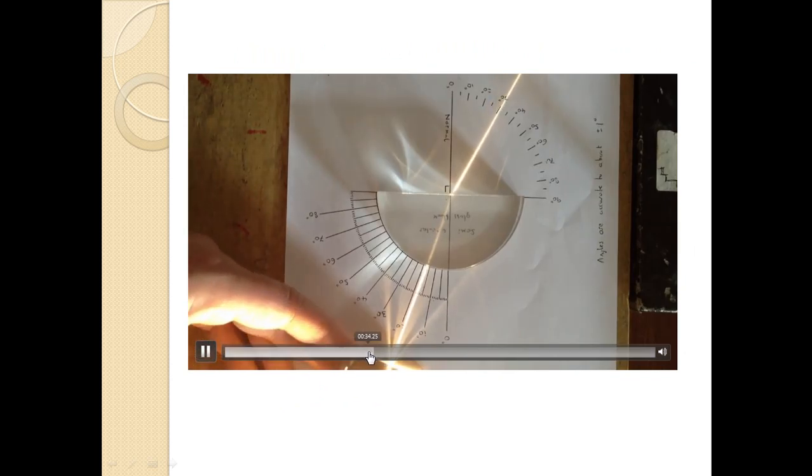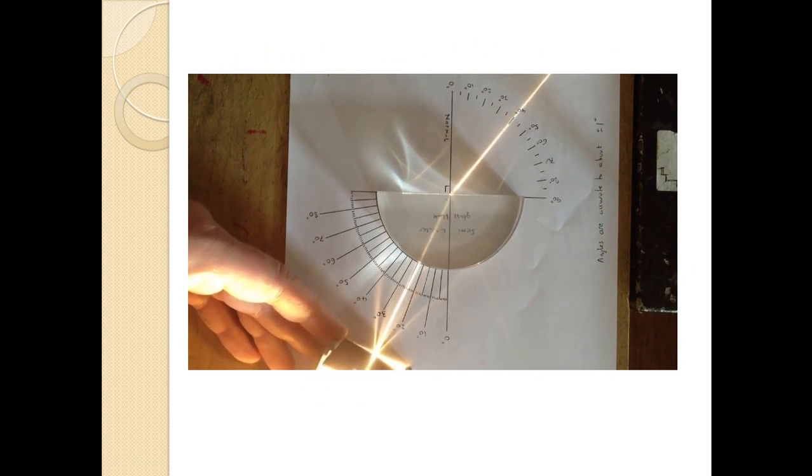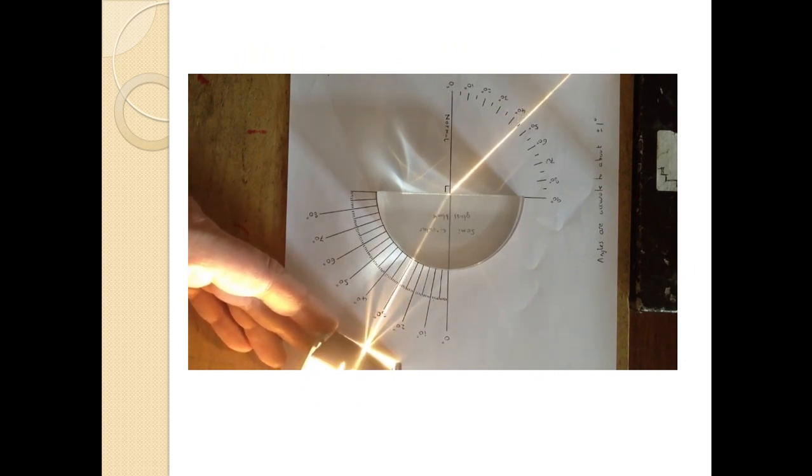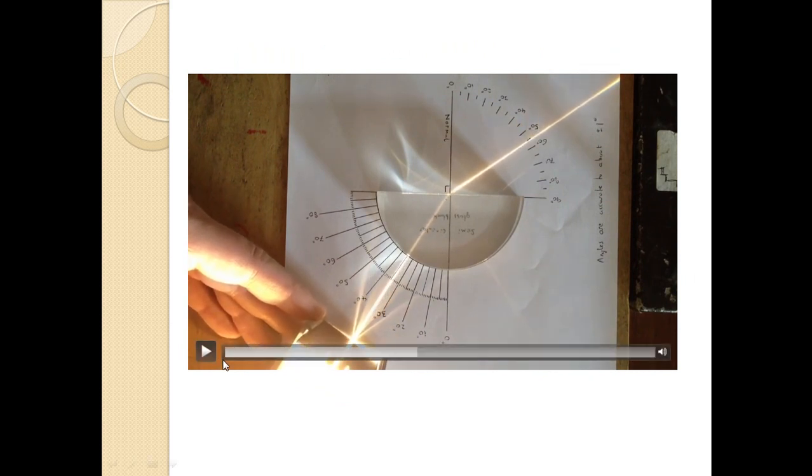We can see that if the incident angle is smaller than the critical angle, the light beam is separated into two parts, like this. One being reflected, and another being refracted into the second medium. This is the first medium, and this is the second medium.